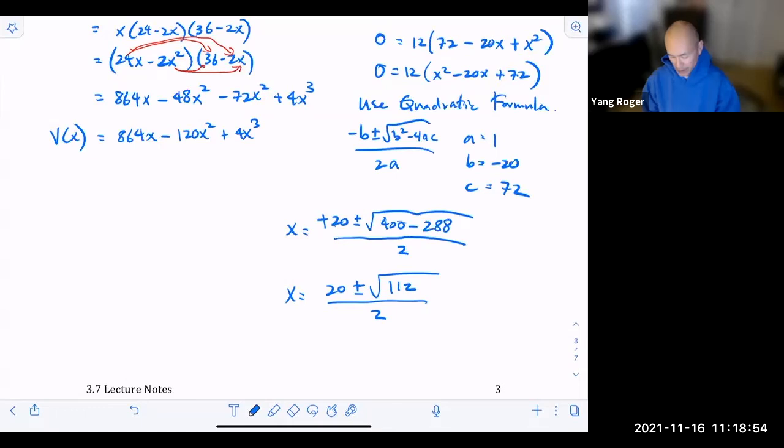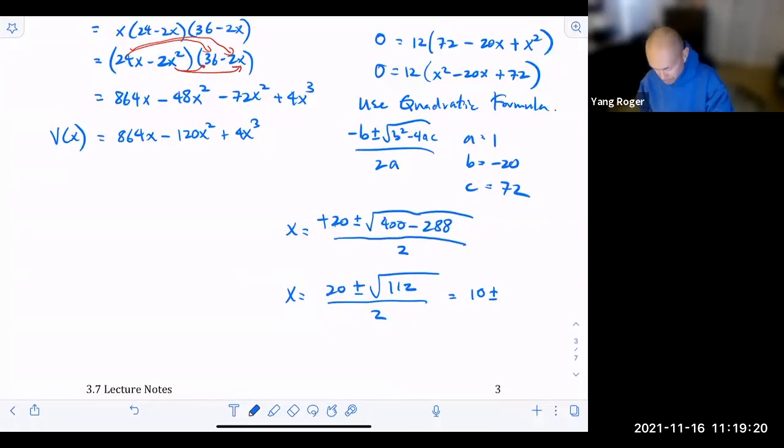We can simplify this a little bit. 20 divided by 2 is 10, plus or minus the square root of 112. 112 is divisible by 4, yes it is. It's divisible by 16, right? 112 divided by 16, yes.